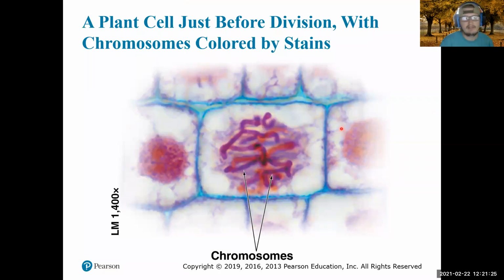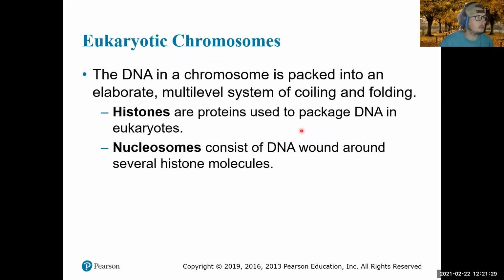Okay, so we mentioned that these chromosomes will have their material wrapped around proteins. The proteins that the chromosomes wrap around are known as histones. These help to package that DNA to keep it tight and compact inside the nucleus when it exists as that chromatid.